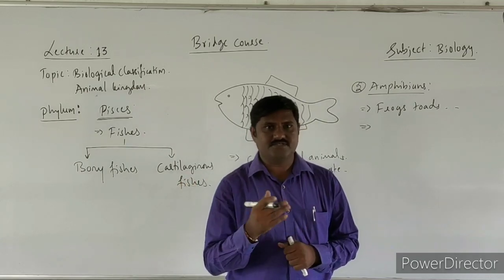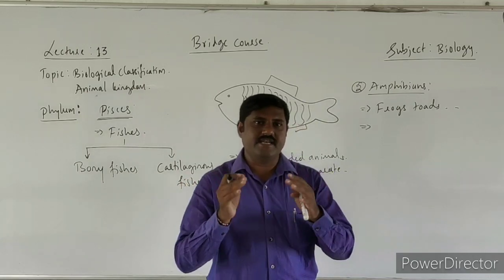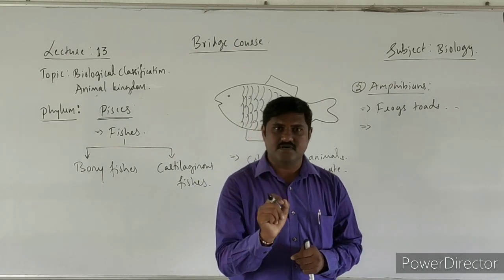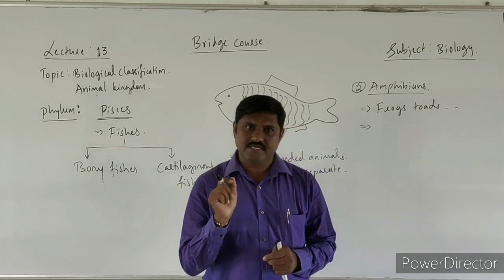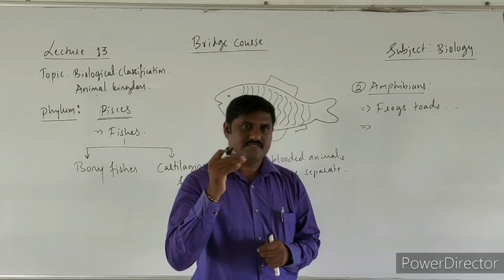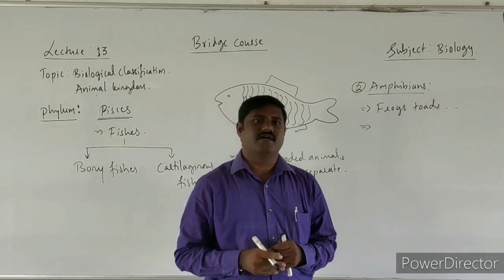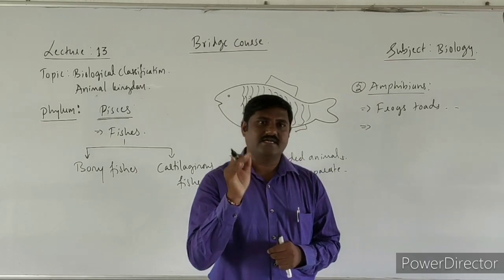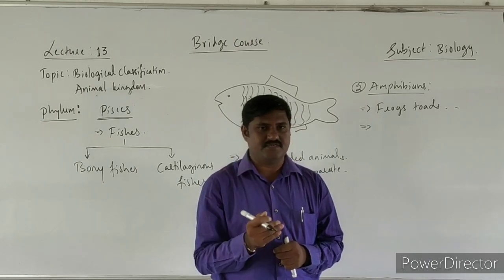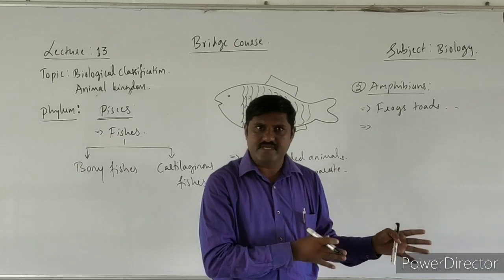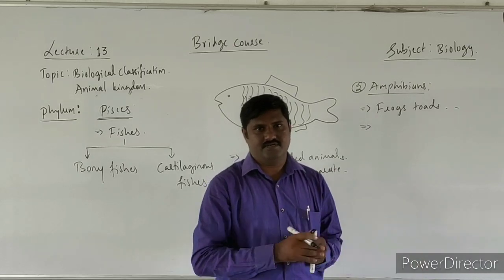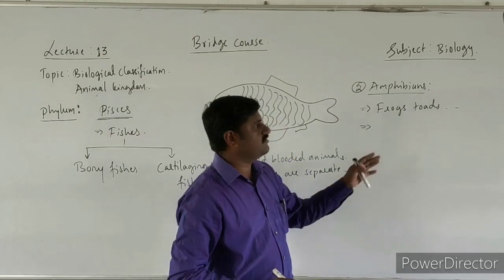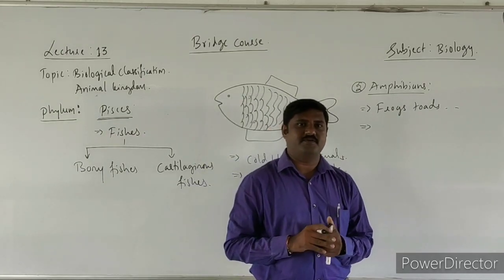Such moist skin is always moist because of the presence of glands over the skin. Hence they have moist, highly vascularized skin, and that skin helps in respiration when the animal is inside the water or some other burrows, right? So this is also one more characteristic feature of amphibians.